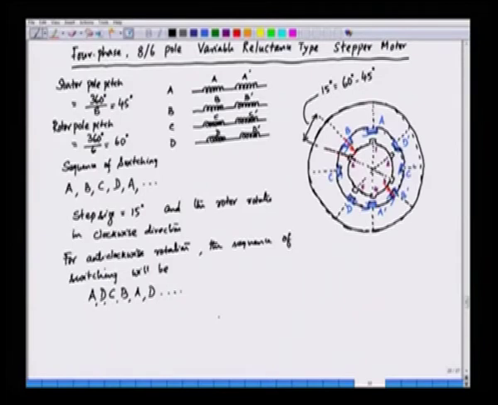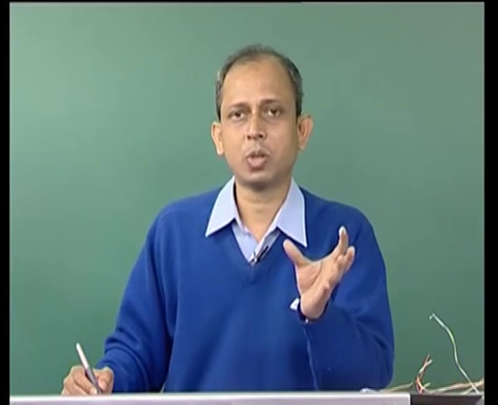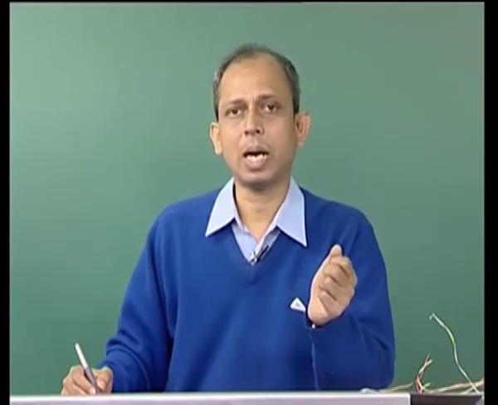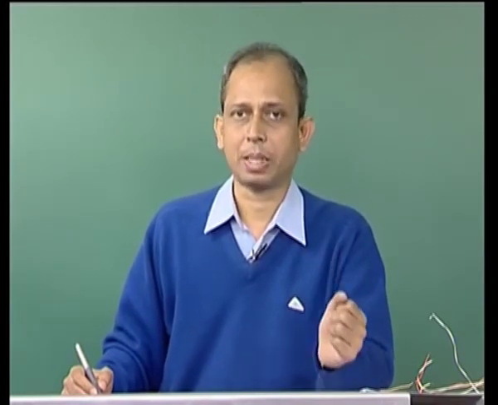Now, in this case also we can have microstepping. By microstepping we mean the two phases will be excited at the same time, so that we have a reduced step size.